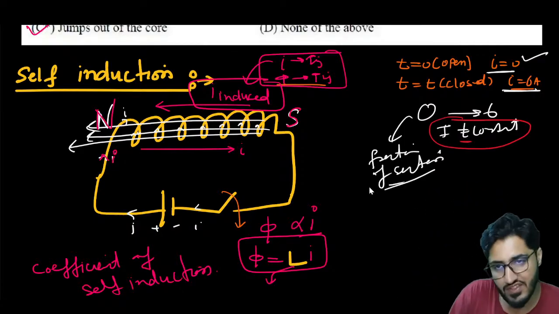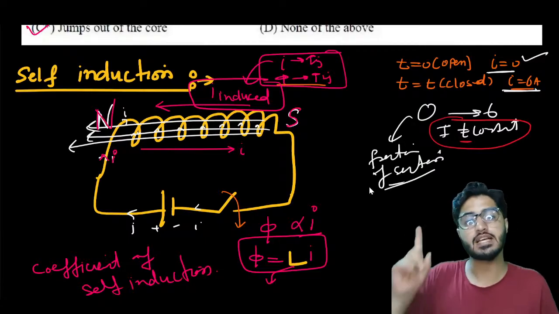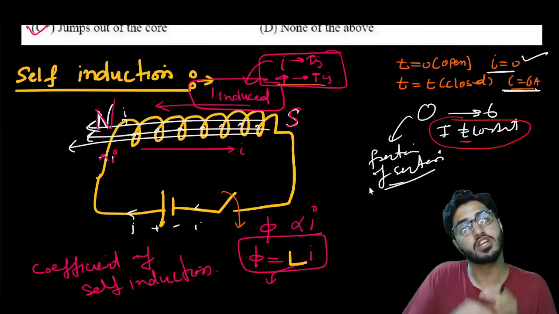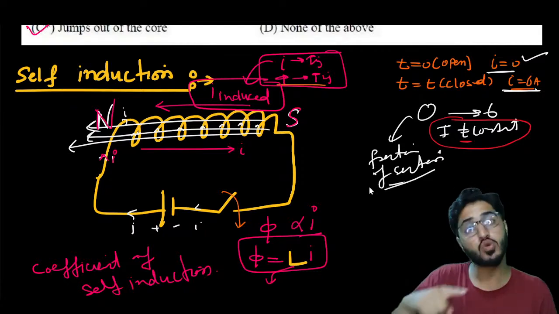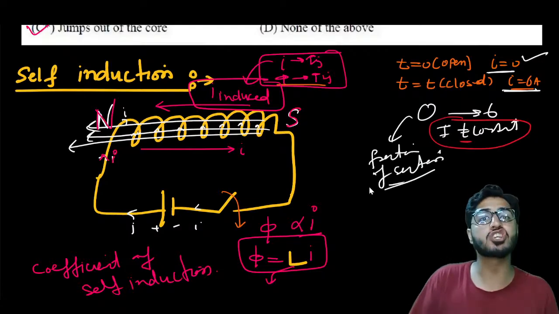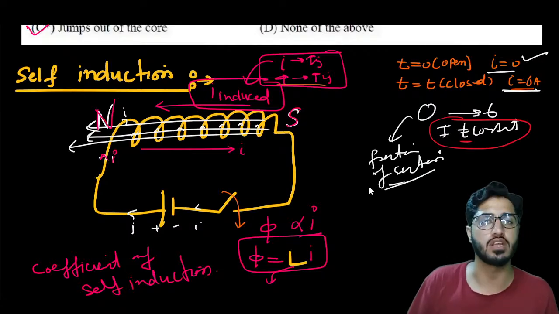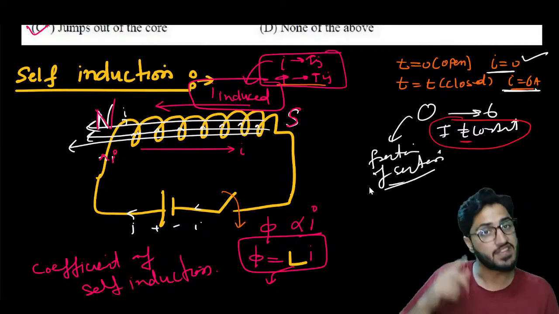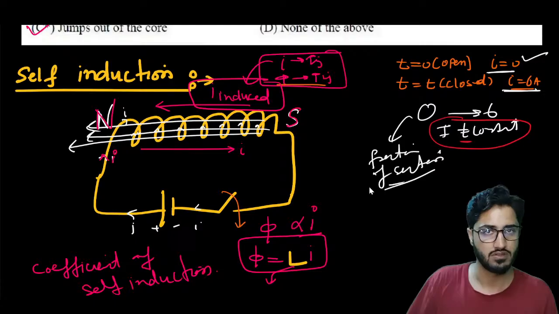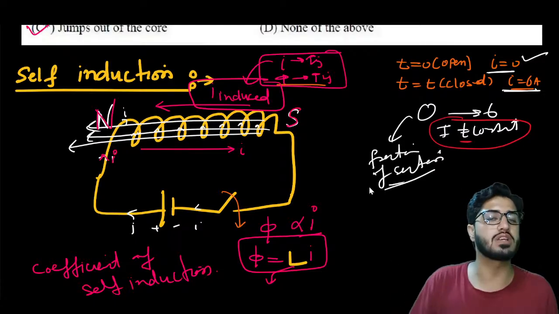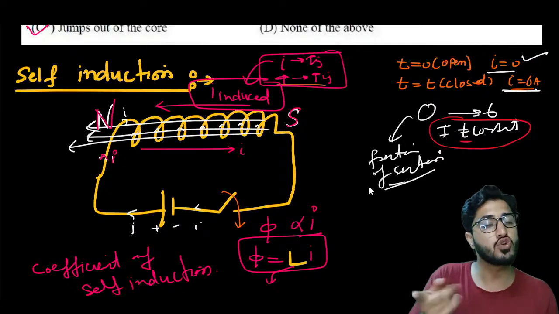Easy? Look, initially current is flowing from left to right. We know it, and it should continue flowing from left to right. But due to that current flowing from left to right, we are getting an induction effect. We are getting a Lenz's law effect. The postulate states that if there is a flux change, that flux will give rise to a potential difference, an induced EMF.